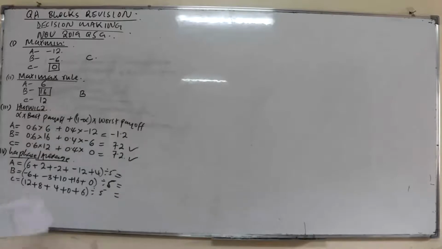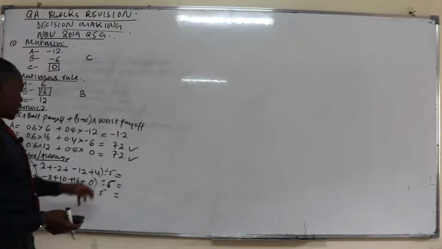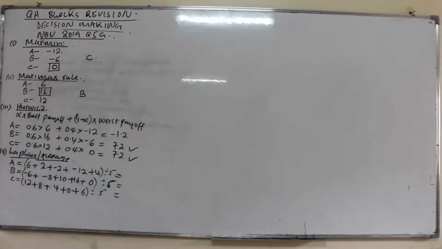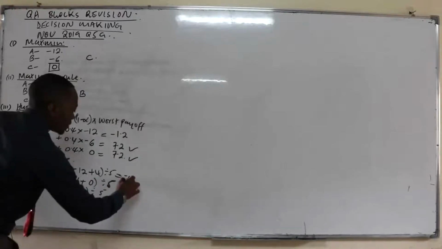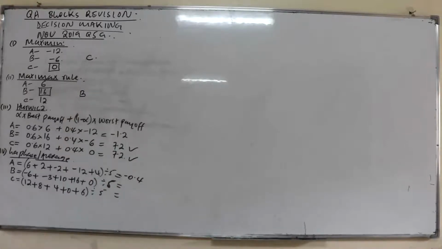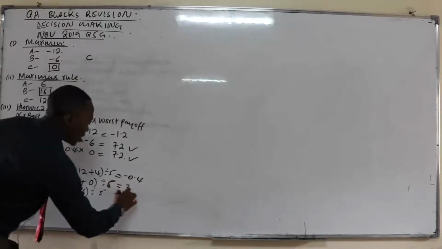You get the average. So that's negative 6, that's 2. You have negative 0.4. Then we have 17 divided by 5. You have 3.4.